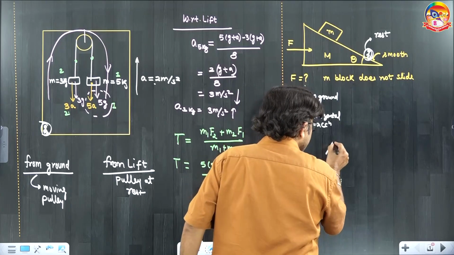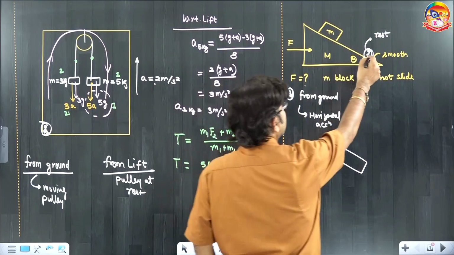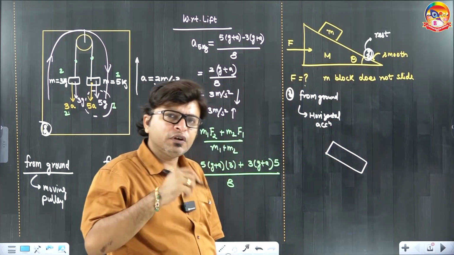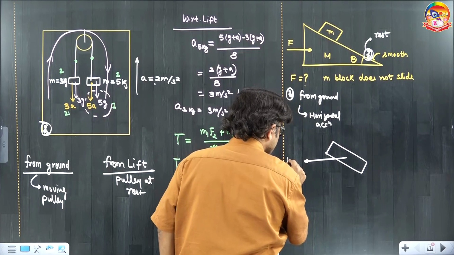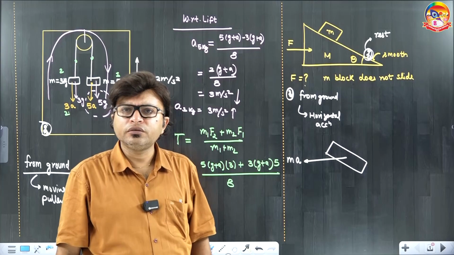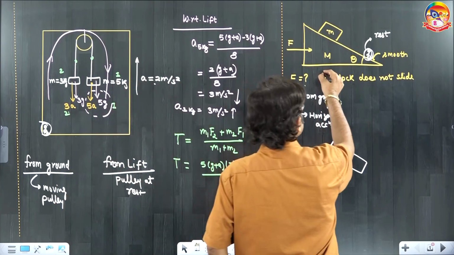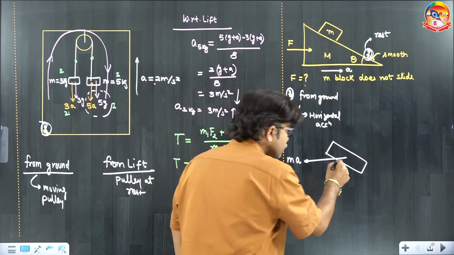This is the block. The moment I go in this non-inertial frame, the first thing I have to do is apply a pseudo force. So this is the pseudo force that I have applied, M into A, because I am assuming this wedge is accelerating with an acceleration A. Now, mg is in what direction?